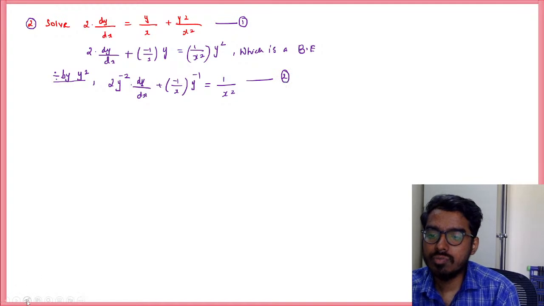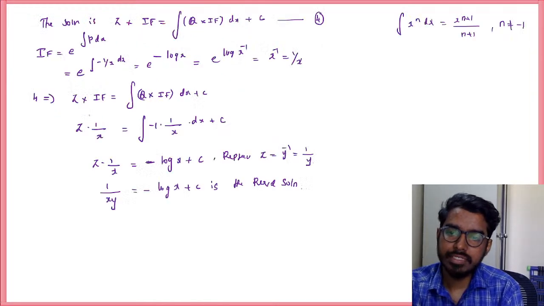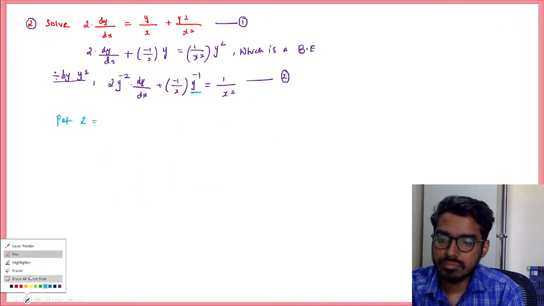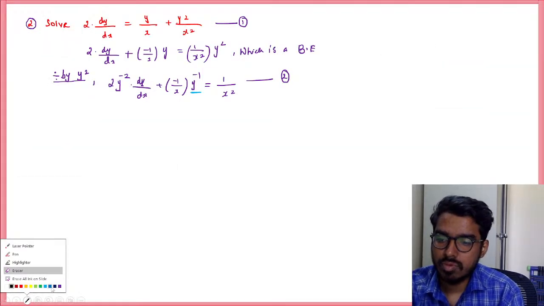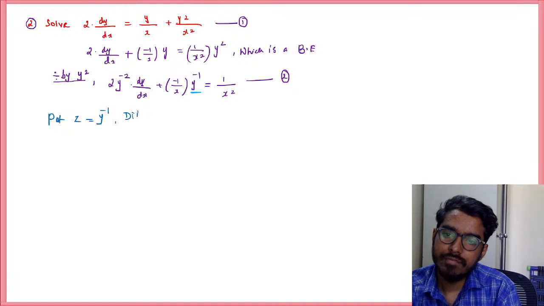Then what you have to do, put z is equal to y power minus 1, and differentiate with respect to x.